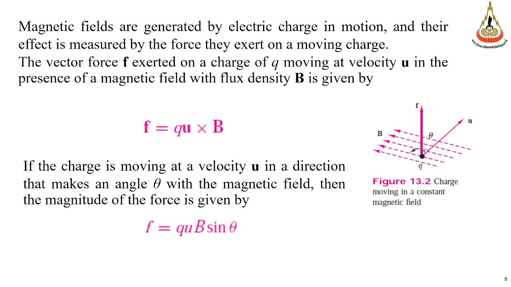The vector force F is exerted on the moving charge Q. If we move the charge in this direction under the magnetic field here, we get a force here. F equals Q times the velocity in this direction, cross the field, the magnetic flux density B.